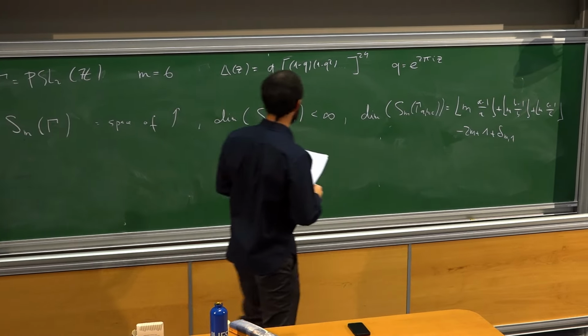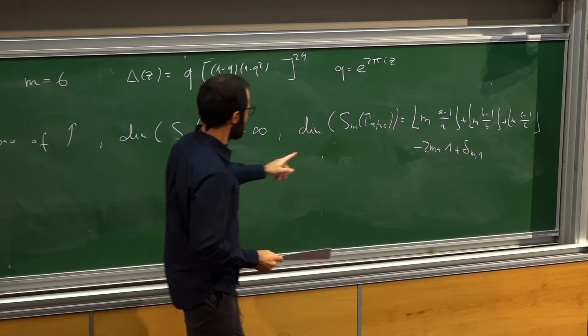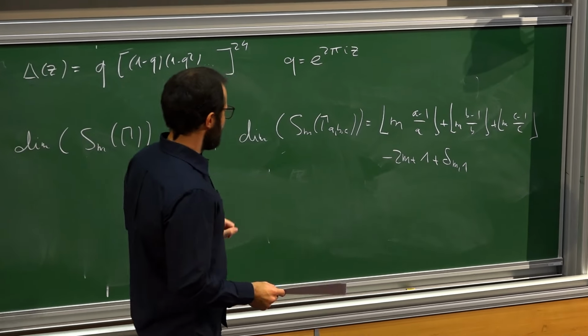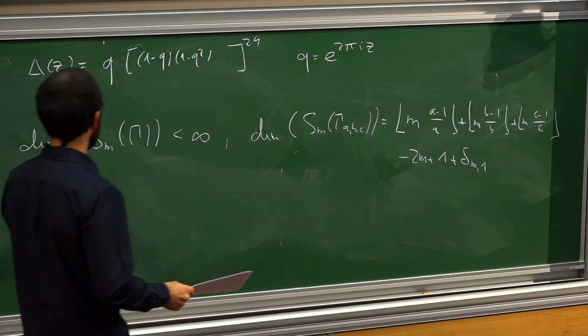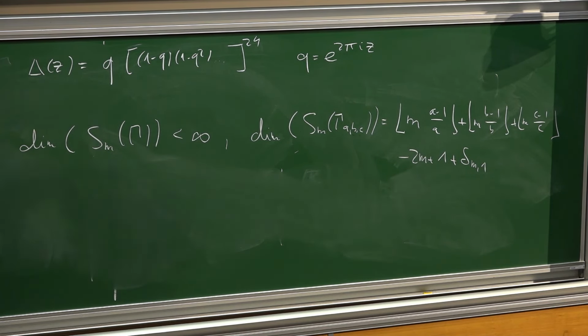You can check for yourself that if you plug in SL2Z, so that's (2, 3, infinity), then this formula gives you 0 for all m smaller than 6, and for m equals 6 it gives you 1, and it nicely reproduces all the dimensionalities of the cusp forms for SL2Z.